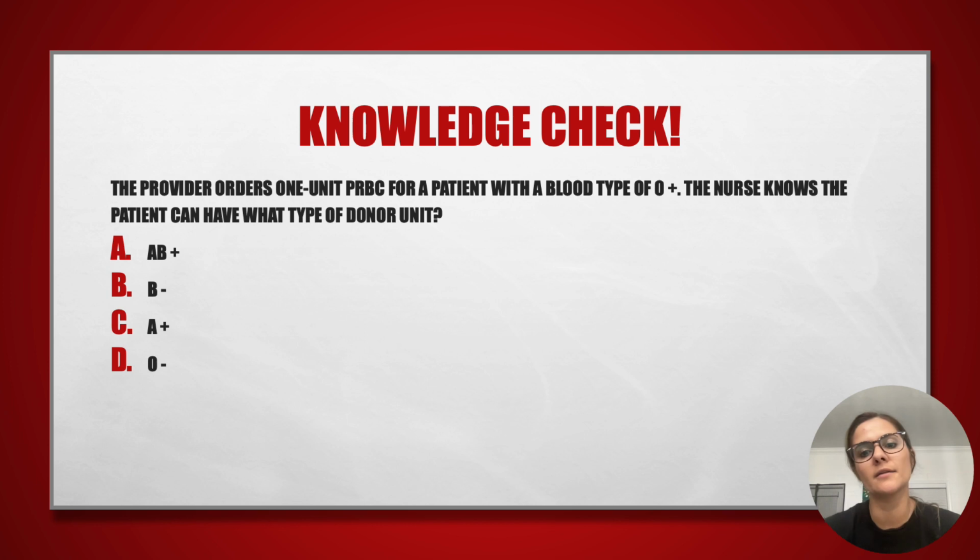So they are in a very lonely boat where they can be a universal donor, but they may not be a universal receiver. So O negative is the only one compatible for this patient. Because if a patient is of a positive blood type, they can receive O positive or O negative. But in the options here, you only have O negative, so just be mindful of that.